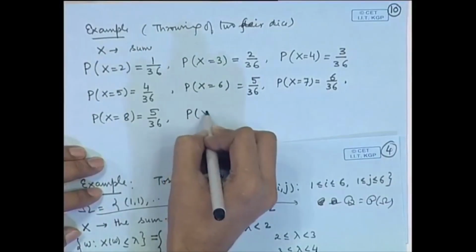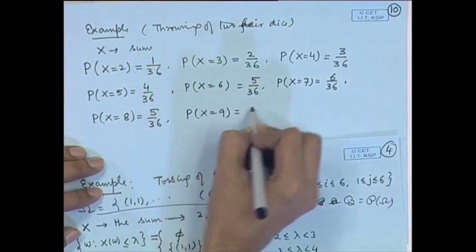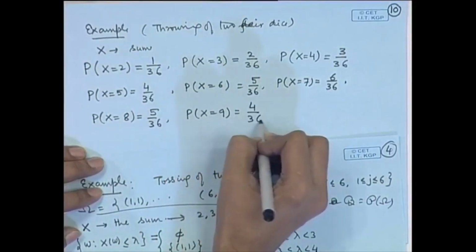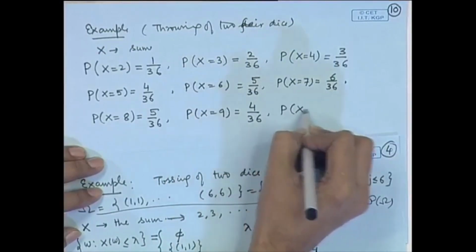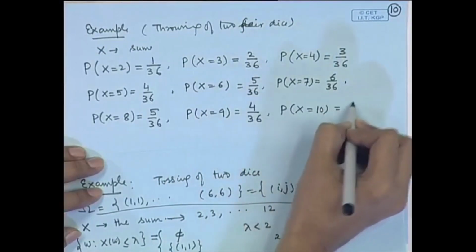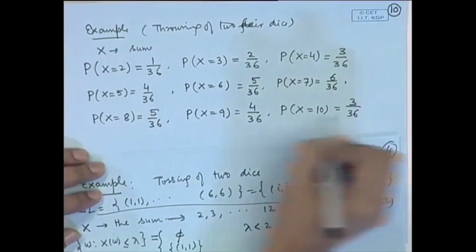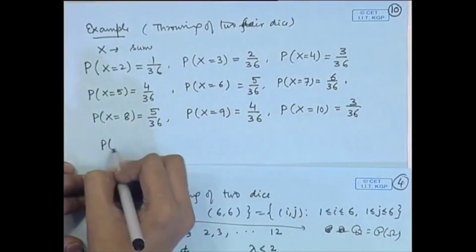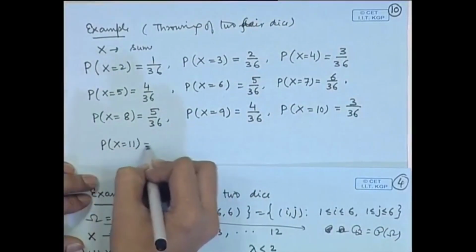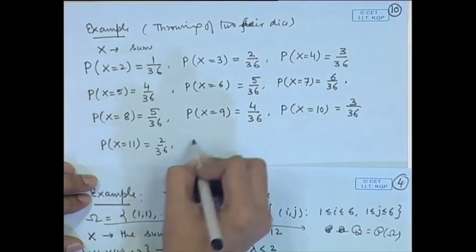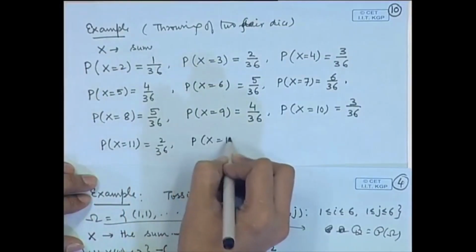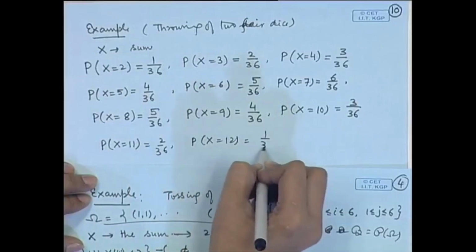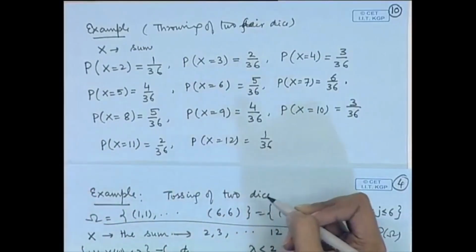Probability of X equal to 9 has 4 favorable outcomes, so the probability is 4 by 36. Probability of X equal to 10 will be 3 by 36. Probability of X equal to 11 will be 2 by 36, and probability of X equal to 12 will be 1 by 36, corresponding to only the outcome 6 6.